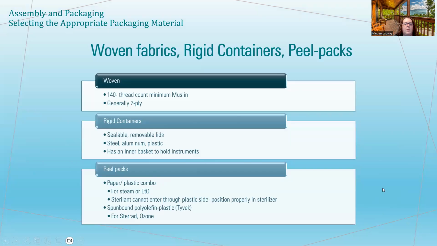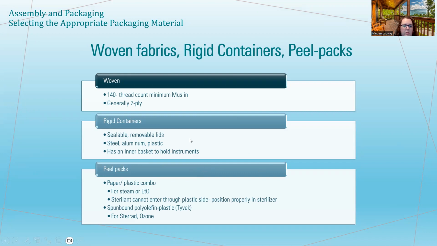All right, let's talk about the different types of packaging material. So it's not always just an instrument tray. Sometimes, it's a peel pack or a fabric that's being wrapped. So we can use woven fabrics for certain things. You need to know that it's going to be like 140 thread count type of muslin, which is a particular type, and it's 2-ply. And you'll see this in a video that I have posted here in a few.